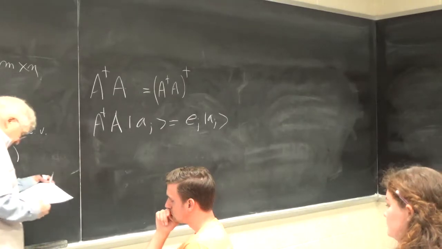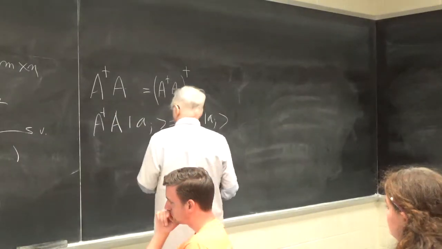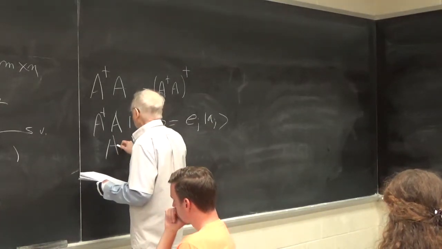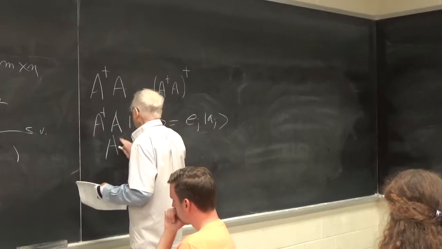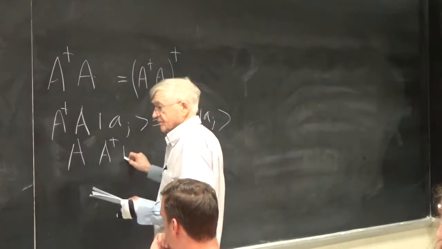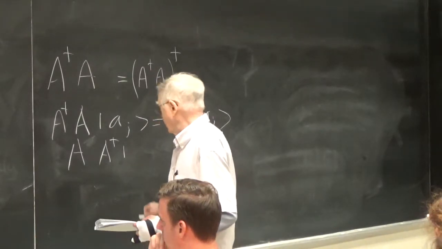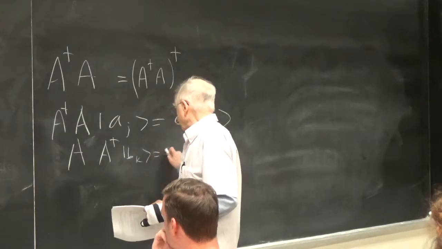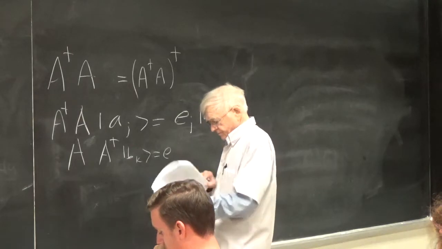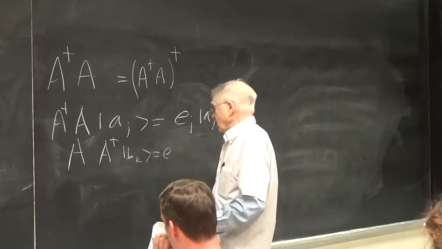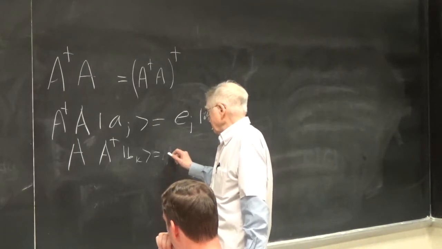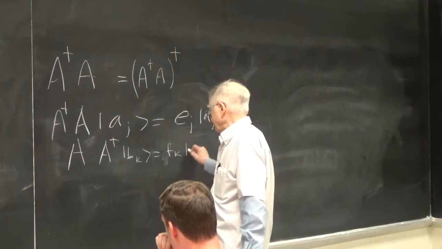And for the other space, we're going to choose eigenvectors of A dagger A, no, wait a minute, A dagger, and we'll use them as, what do I call them, let's just call it FK.